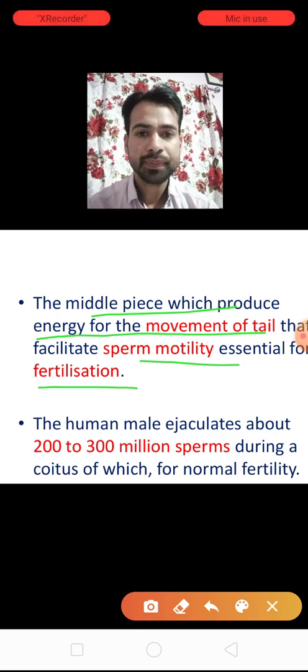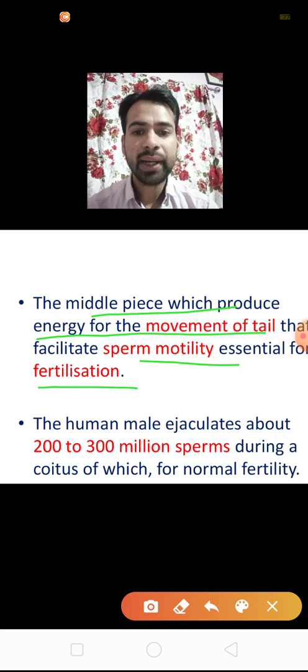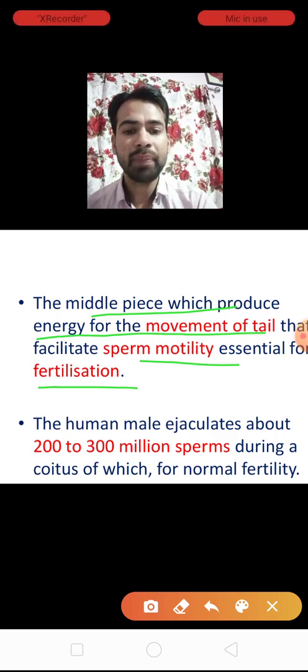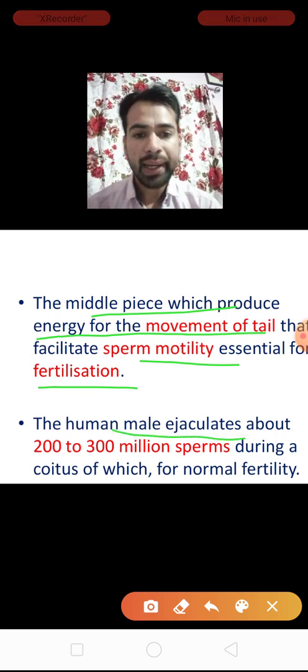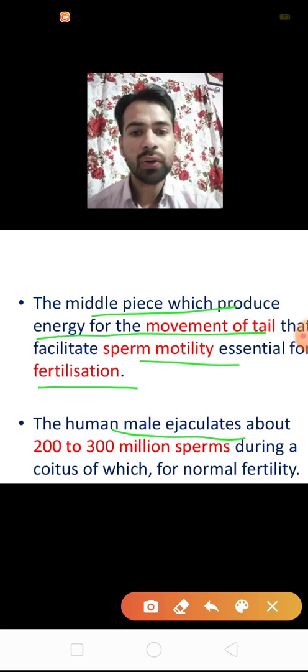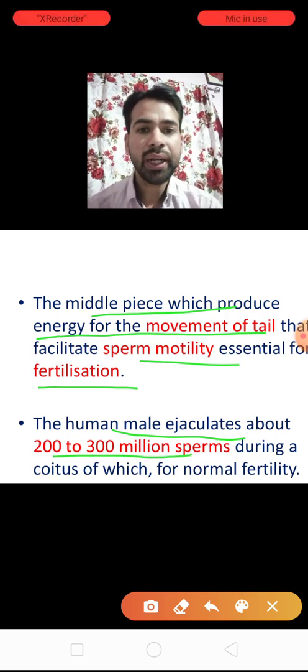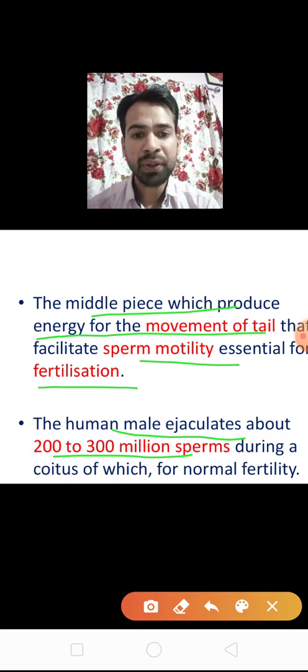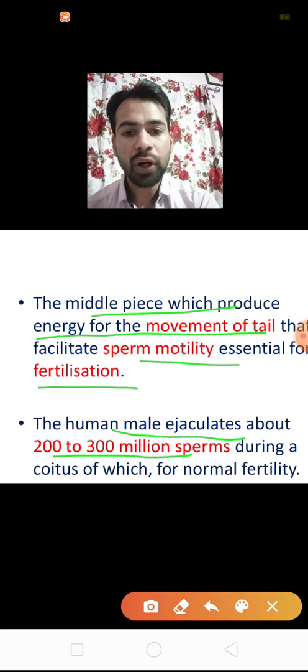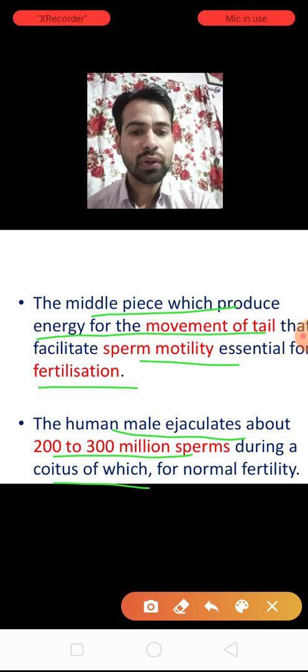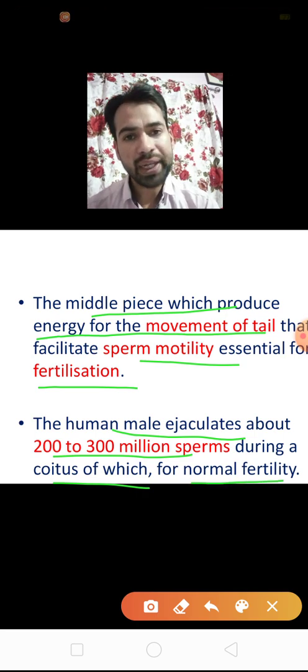Okay, clear? Children, at one time the human male ejaculates about 200 to 300 million sperms during coitus, that is sexual intercourse, in normal fertility.